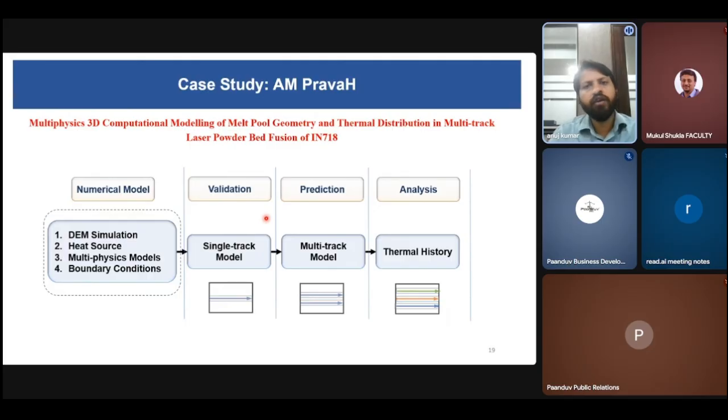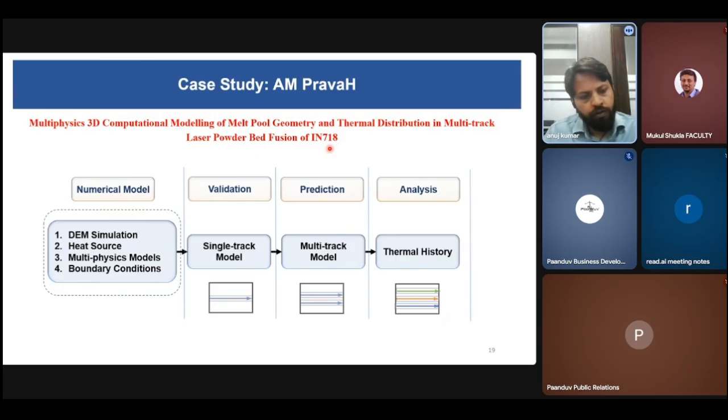Now I'm talking about one of the case studies that we have done, simulating multi-track laser powder bed fusion for Inconel 718. Apart from this study, we have previously published a few research works on modeling of LPBF with the same material system, but with different commercially available tools in the domain of additive manufacturing.